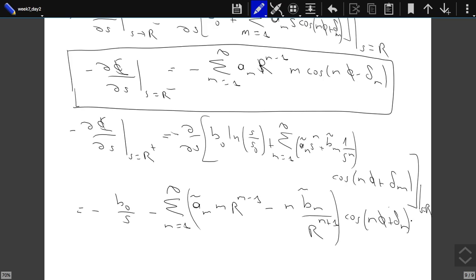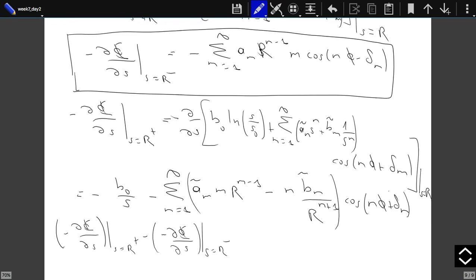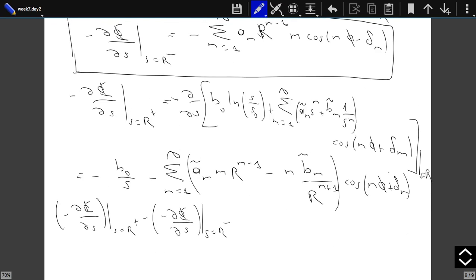Now I know both of the derivatives. So if I take the difference, this is equal to minus B0 over S. Let's see, minus sum over m from 1 to infinity.